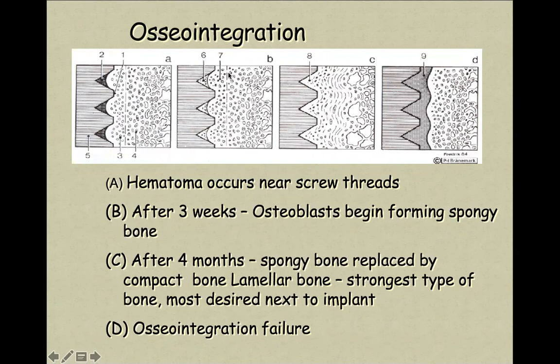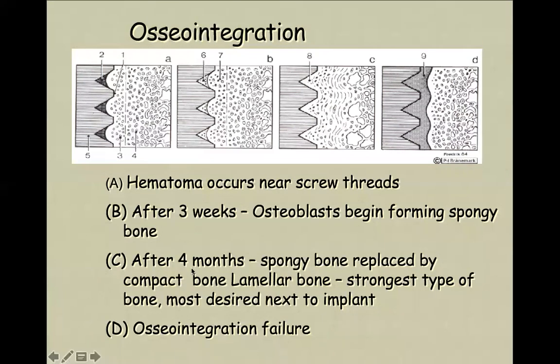the cellular response will include the neutrophils, macrophages, and leukocytes. But later on, 3 weeks afterwards, the osteoblasts will start to form a spongial bone here that is relatively weak. So 3 weeks is not enough for the loading of a dental implant.